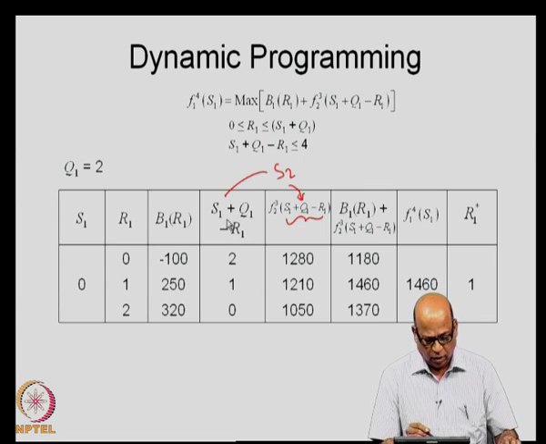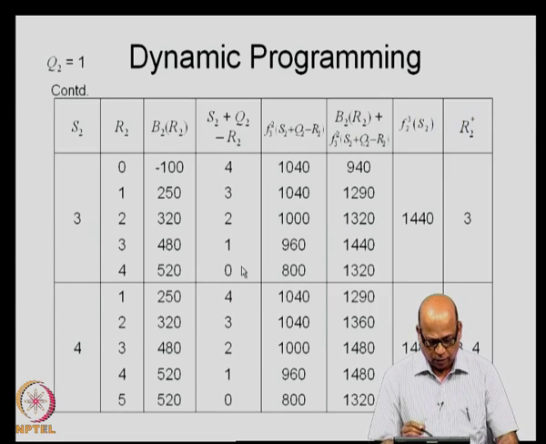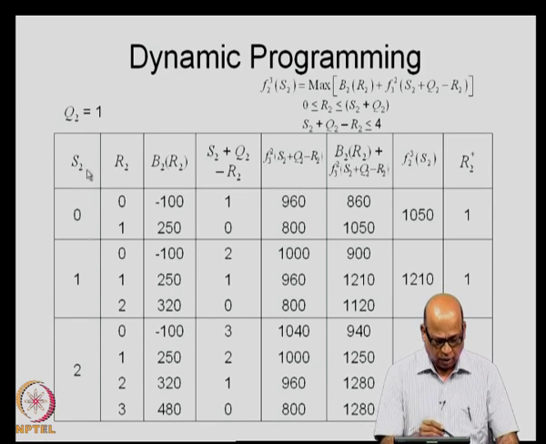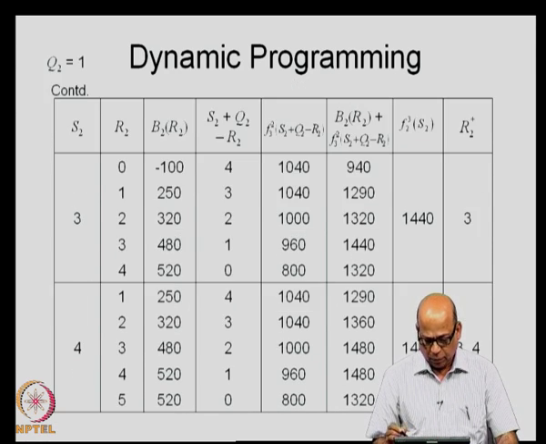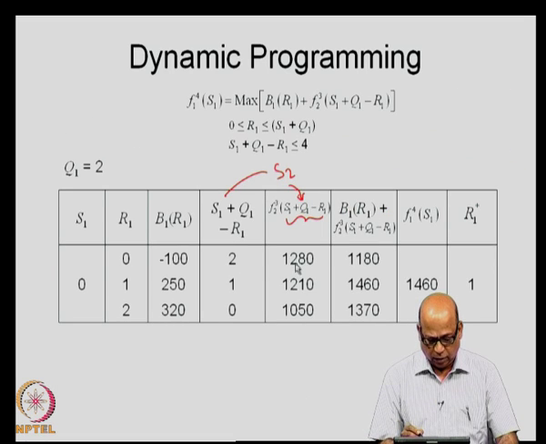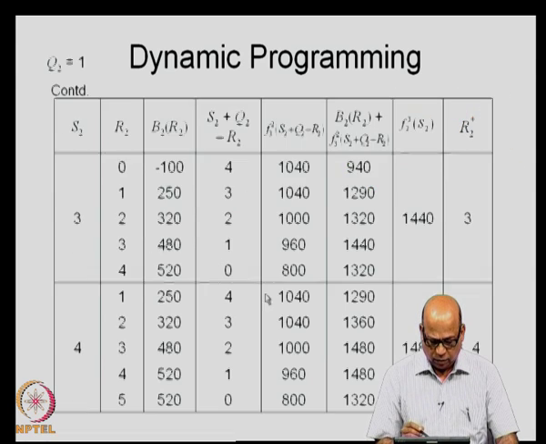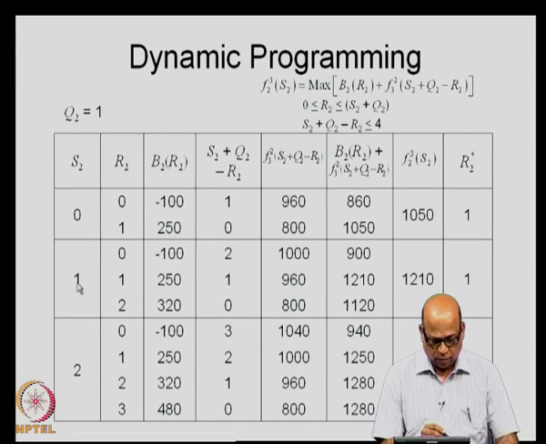Say, for example, S1 plus Q1 minus R1 is equal to 2. Go to the previous stage calculation, look at S2 equal to 2, pick up the value which is 1280, and that is what we write here, 1280. Similarly, 0 plus 2 minus 1 is 1. So, go to the previous stage value, look for S2 equal to 1, the optimal objective function value is 1210.